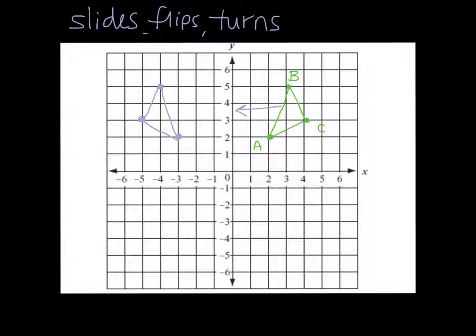Now I have a flip of my green triangle into my purple triangle. I could also flip it over my x-axis. And it will look something like this. Pretty cool, huh?